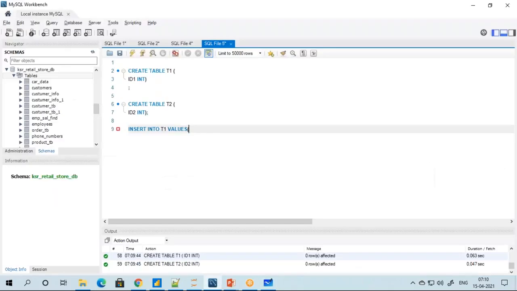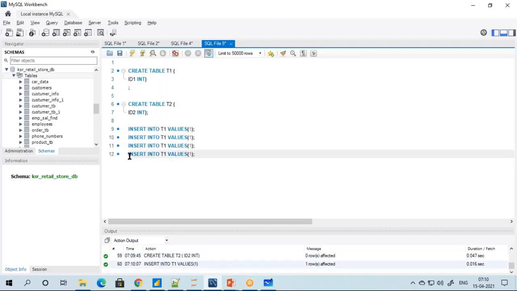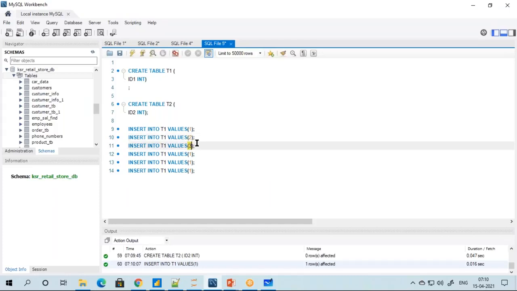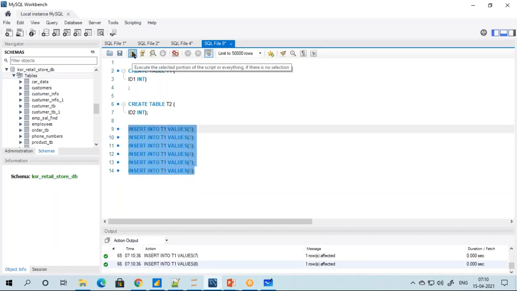What are the values? 1, 2, 3, 4, 7, 8. Okay, so I'll insert this.